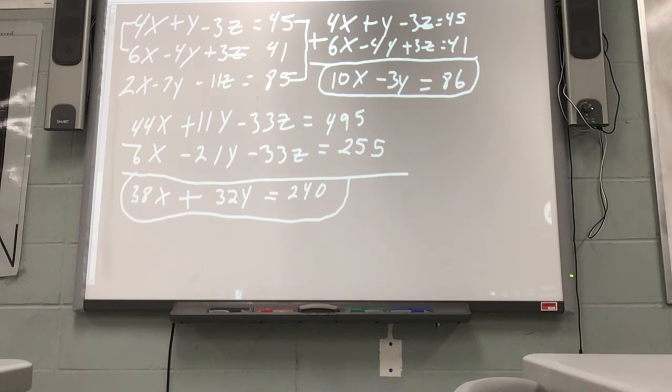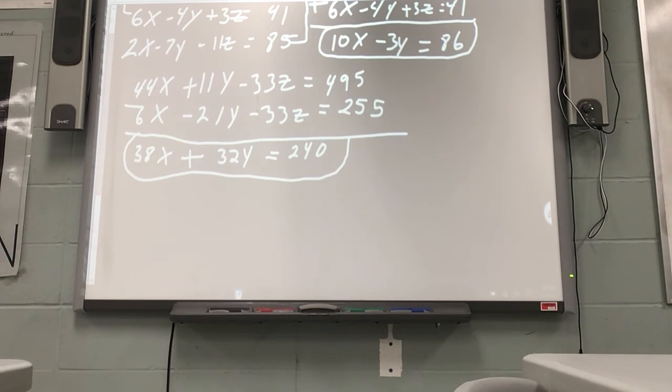Okay, so Riley's gonna multiply this top one that's got 10x by 38, because I'm gonna make 380x. What's 3 times 38? 114.